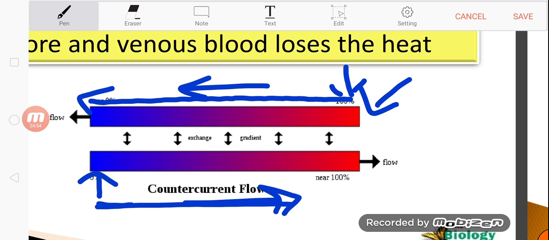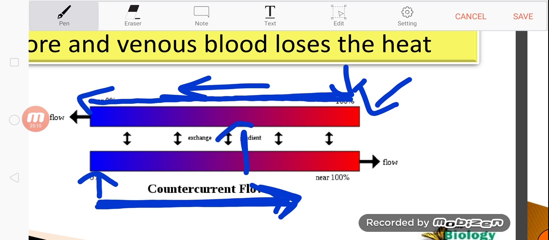These opposite directions carry different thermal energy, so they will exchange following the gradient.